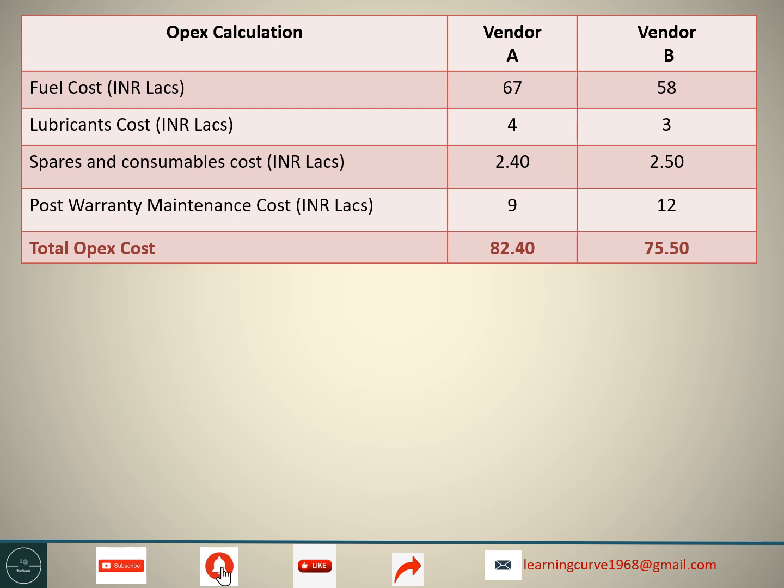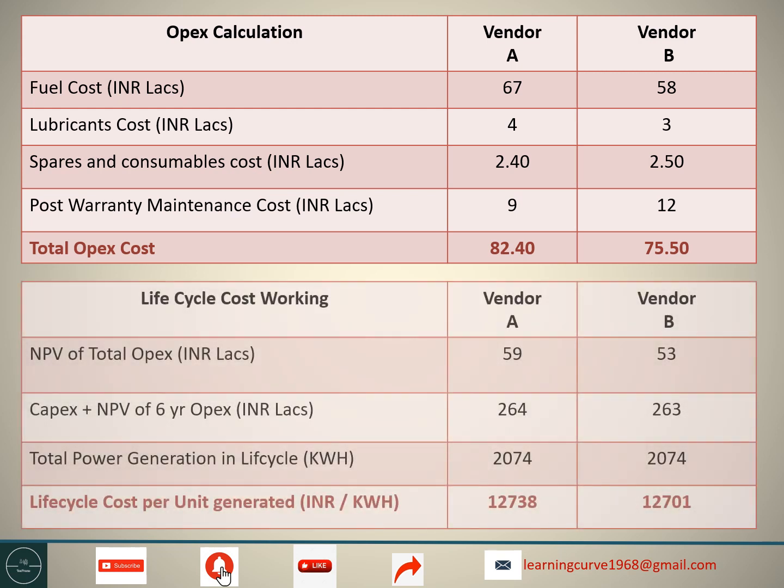Now the fifth and the last step, which is the life cycle cost working. Here first we need to calculate the NPV of OPEX. After that we need to add CAPEX with 6 years NPV OPEX, because we have already decided the useful life of this DG set is 6 years.